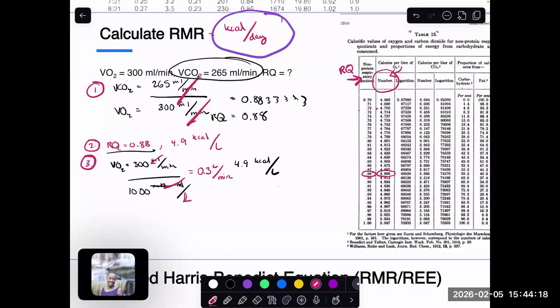All right, so from here, we're going to multiply 0.3 liters per minute by 4.9 kcals per liter. We're one step closer. So the liters are going to cancel, and we're going to multiply 4.9 by 0.3, and that's going to be step number 4 equals 1.47 calories or kilocalories per minute.